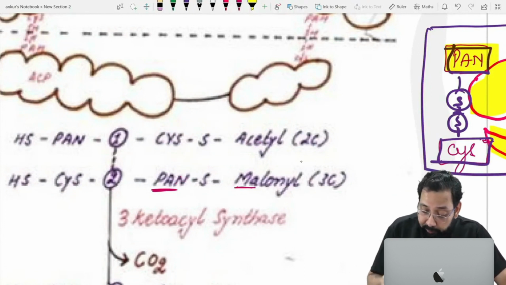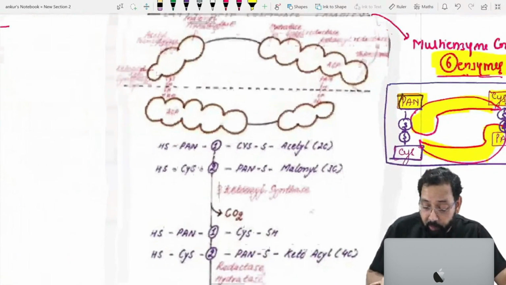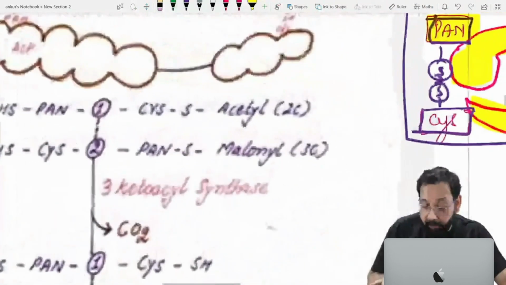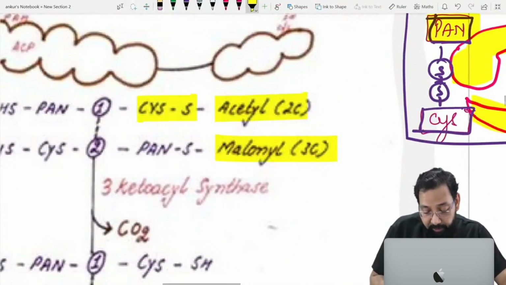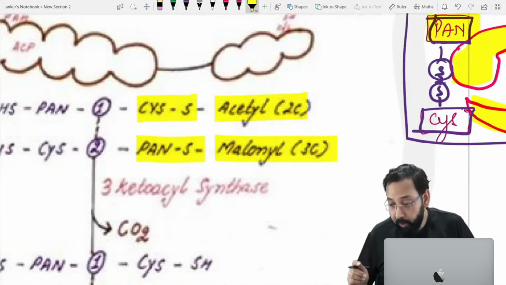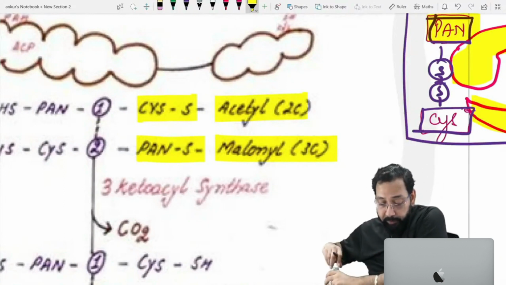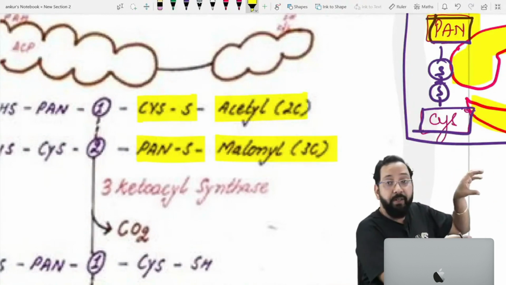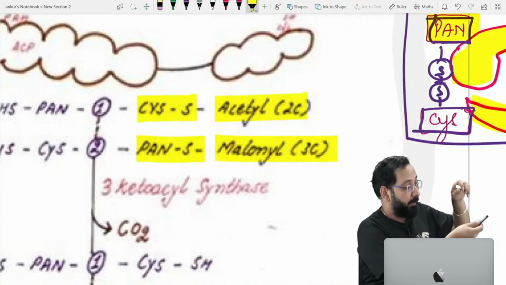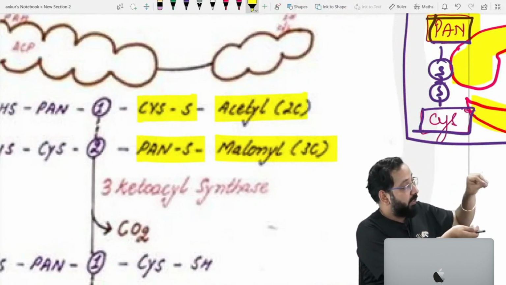So we wanted to make butyric acid. In making butyric acid, first of all, we converted a few molecules of acetyl coenzyme A to malonyl coenzyme A. Now we had so many acetyl and so many malonyl coenzyme A; one acetyl and one malonyl bind to the cysteine and pan ends. The cysteine end is attached with acetyl, 2 carbon.